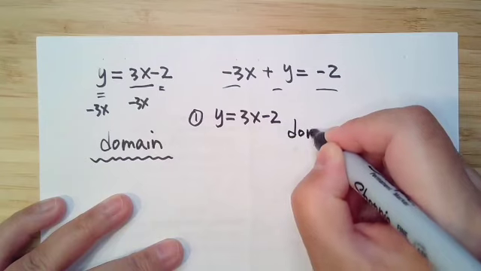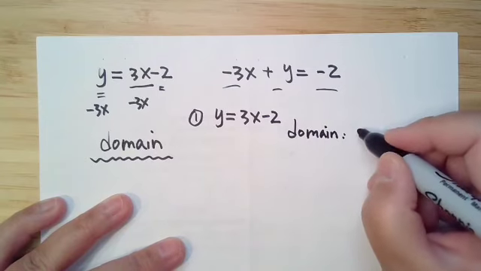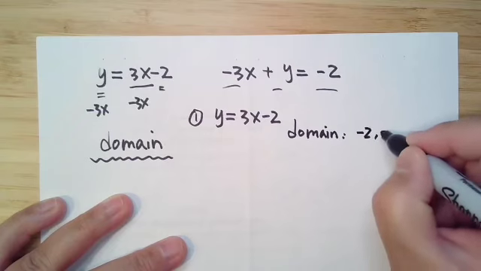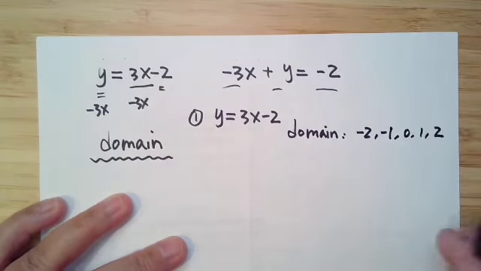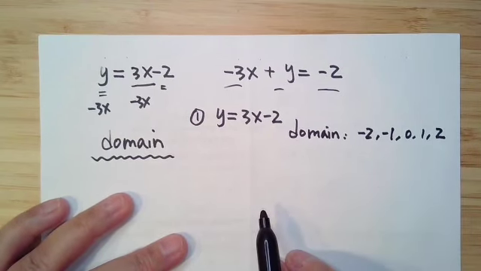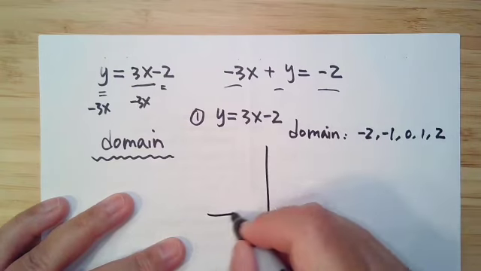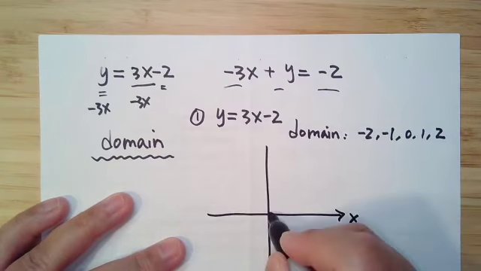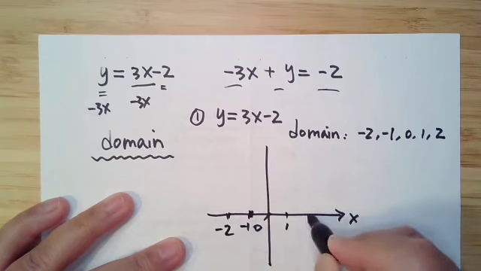Domain is negative 2, negative 1, 0, 1, 2. That means x can only be these 5 numbers. Let's do that. Which means x is 0, negative 1, negative 2, 1, 2.